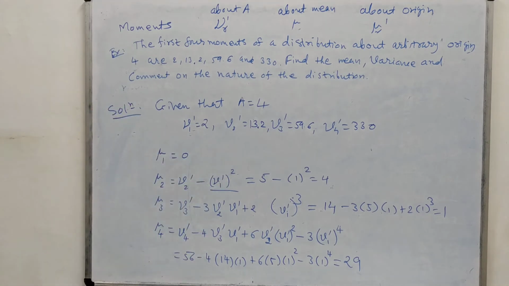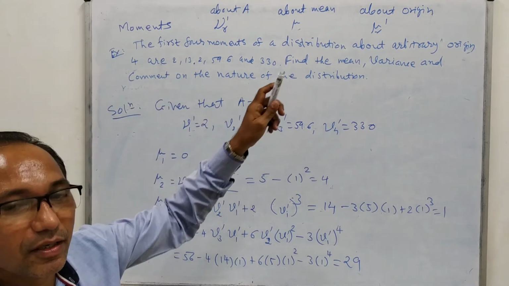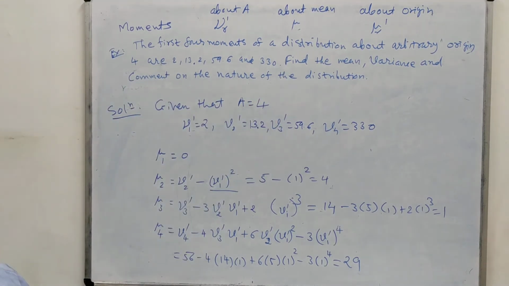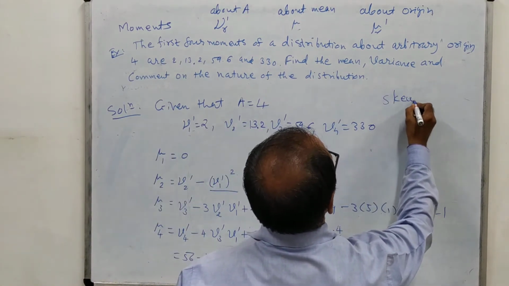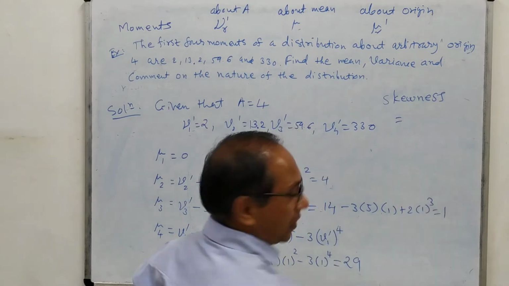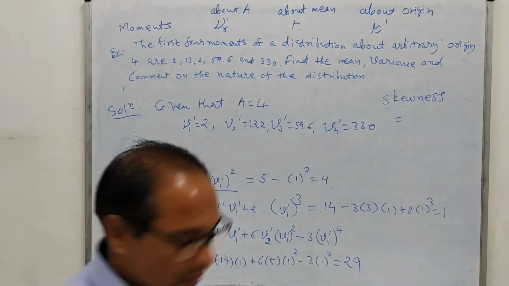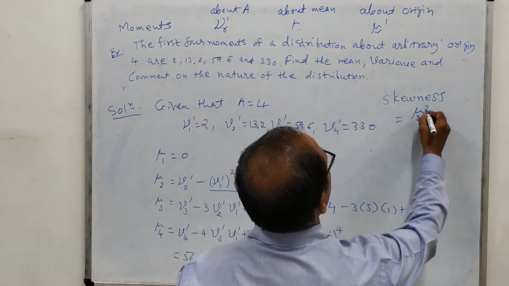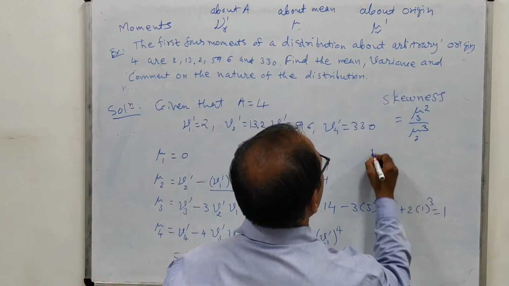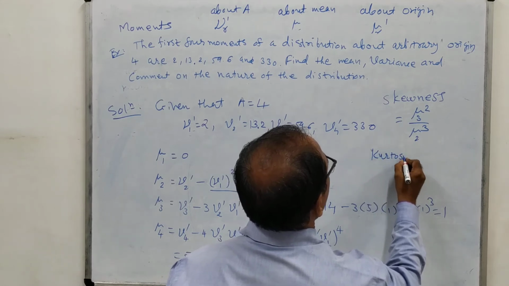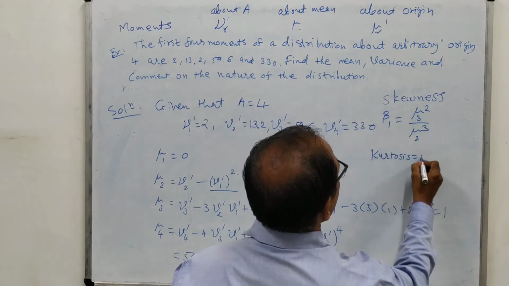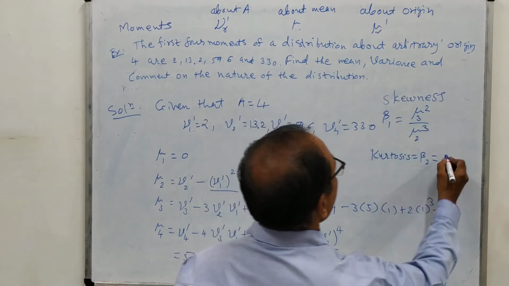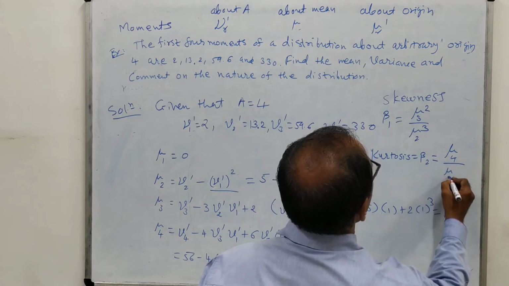Then we go for finding the mean, variance and everything. For skewness and kurtosis we know the formulas. Skewness, denoted beta 1, is mu3 square divided by mu2 cube, and kurtosis, beta 2, is mu4 upon mu2 square.